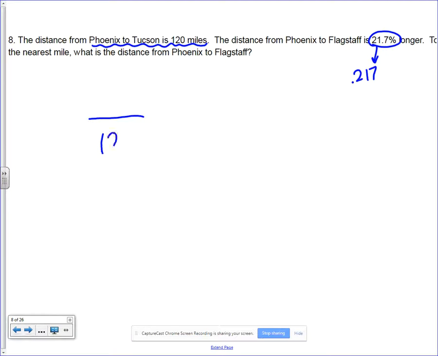So we know that that has to go on the bottom. We also know by percentage, which is what we're going to be equal to. Now the question is, what is the distance from Phoenix to Flagstaff? That's my x. That tells me it is longer, which means it is bigger, which means it has to come first. And now we're ready to solve.